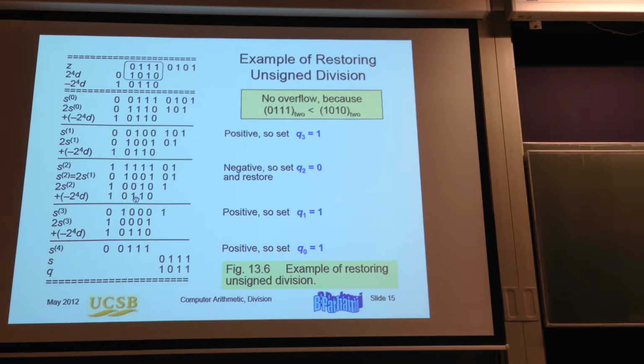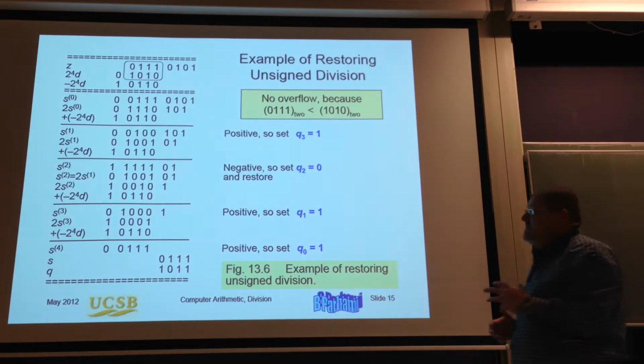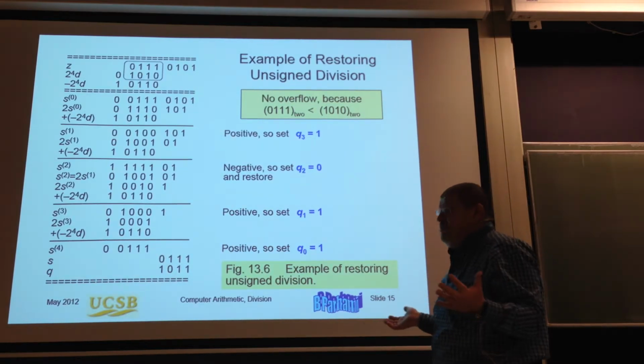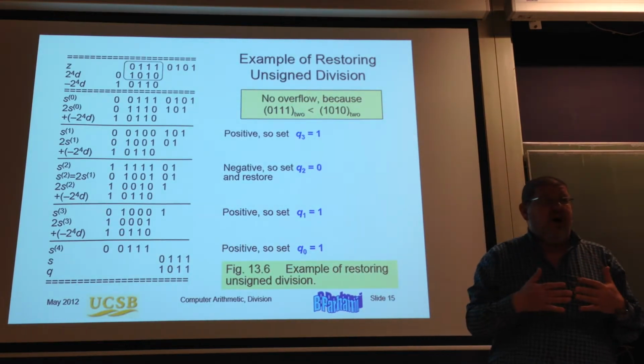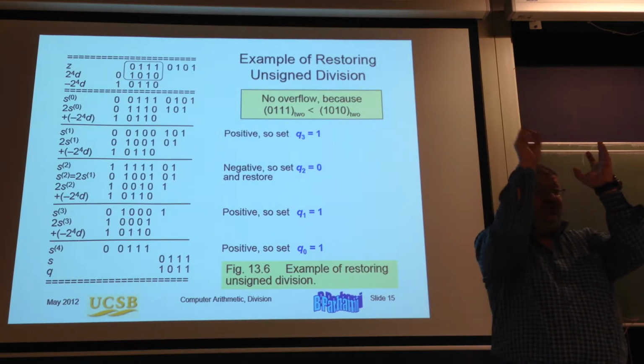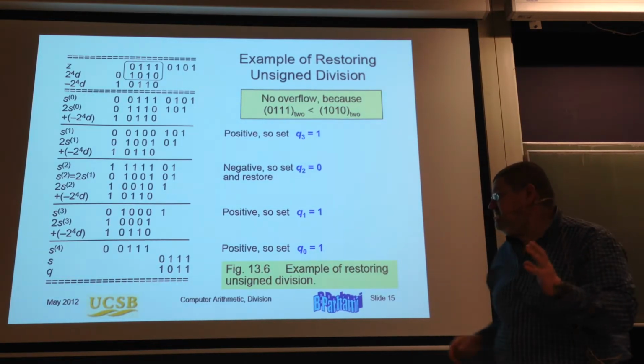I still do a shift because now I move to the next position and try again. I'm doing again a subtraction, and I have a positive one, so I put a 1. Again I shift, do a subtraction, and have 1. This is the way things will work in a piece of hardware. You see that I would have to pre-compute minus D, but this is not required because I have that mux with the inverters or the XOR gates.